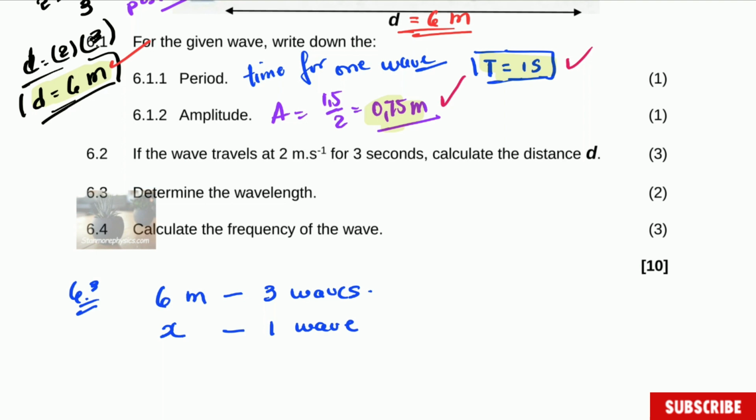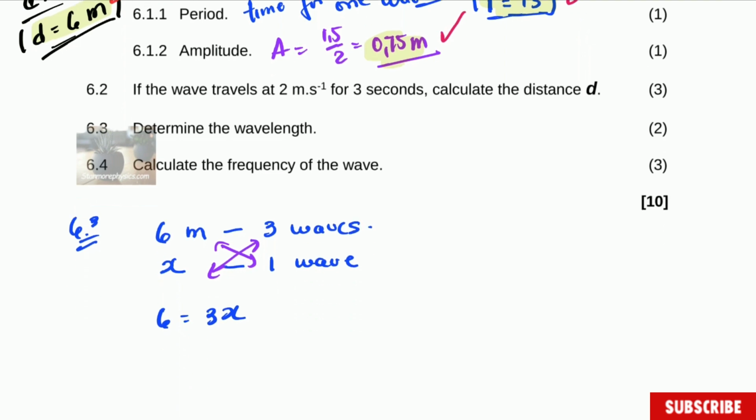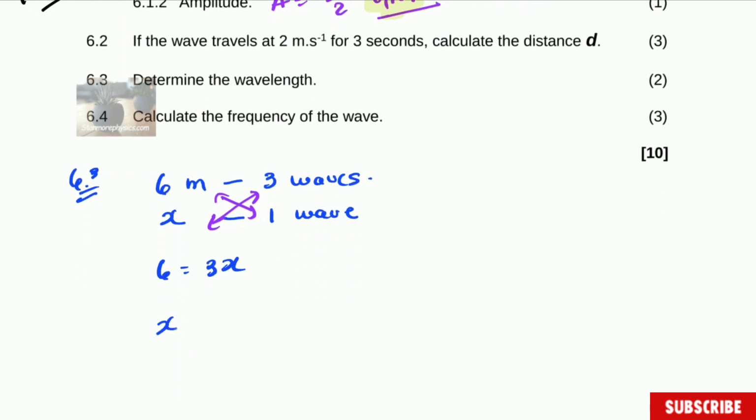That will be the wavelength. And we're going to do a cross product here. So 6 is equal to 3x. There we go. Then x is equal to 6 divided by 3, and this is equal to 2 meters.